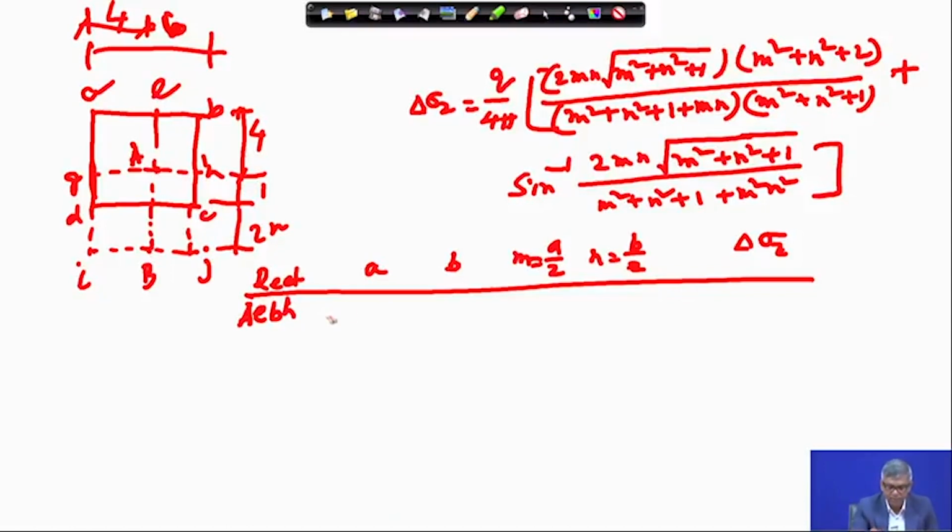If I consider this, then A will be 4, B equal to 2, then m will be 2 and n will be 1, and with this m and n if I put in this equation and then delta sigma z, with our q whatever is given if I put, then I will get 39.98.